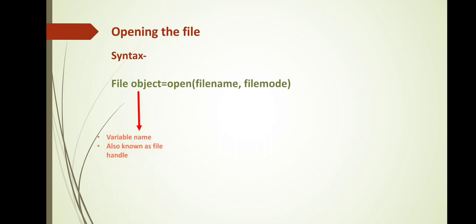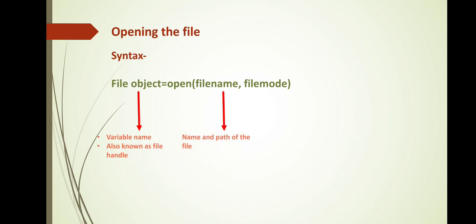Now, what is this file object? This file object is actually the name of the variable through which you are going to link the file to your program. Whenever you have to use the particular file in a program, you use the file through this variable. This is also known as file handle.